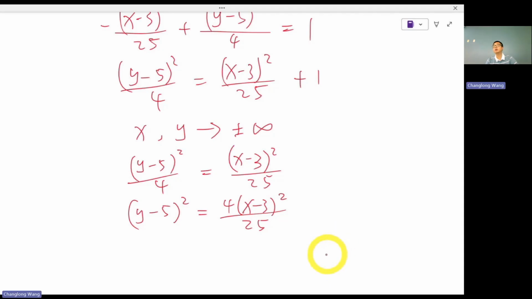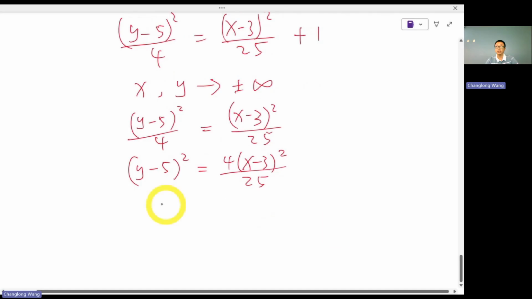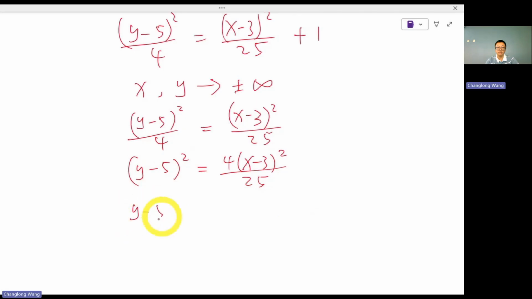So now what? To get 2 asymptotes, we need to take the square root, right? Taking the square root, you get y minus 5 on the left, and on the right-hand side, it's 2 over 5 times (x minus 3), right?